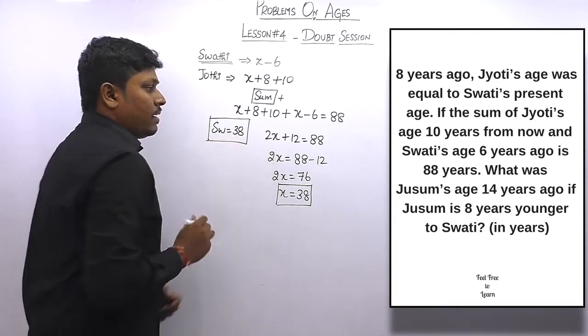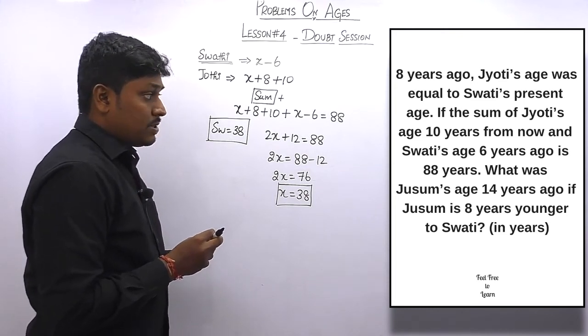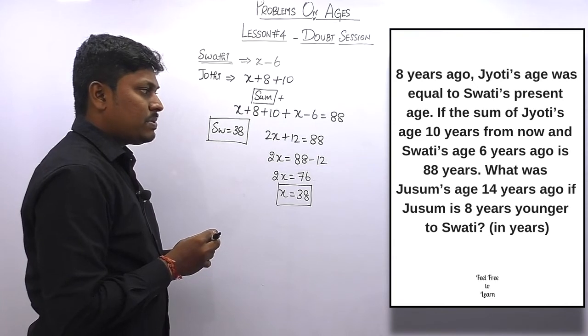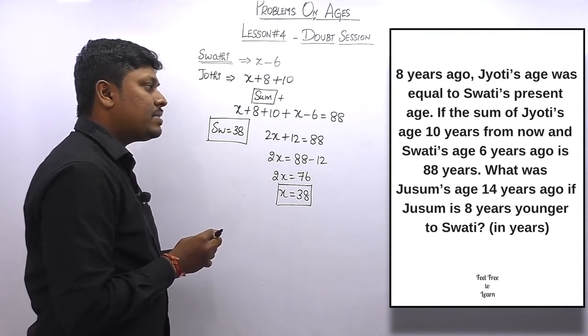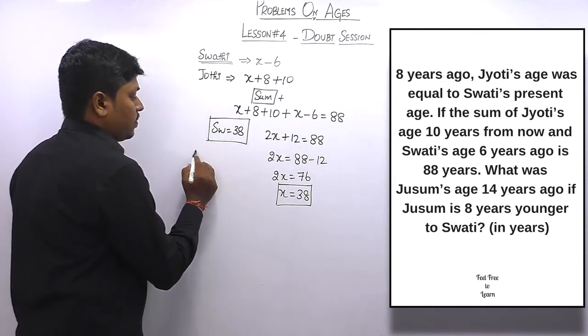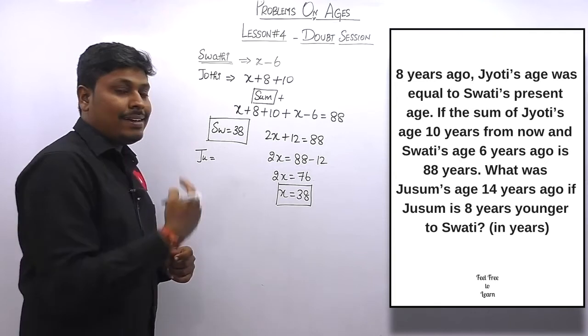Okay. And next point, they are talking about a new person, that is Jusam. Jusam's age 14 years ago, if Jusam's age is 8 years younger than Swati. So listen carefully, what they are saying is Jusam's age is 8 years younger than Swati, right?